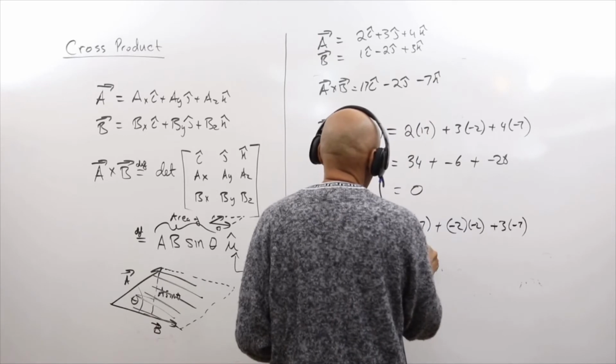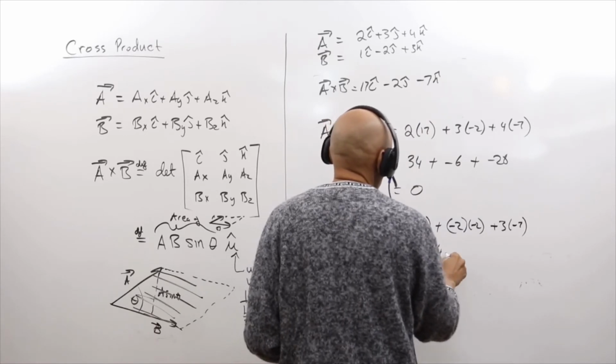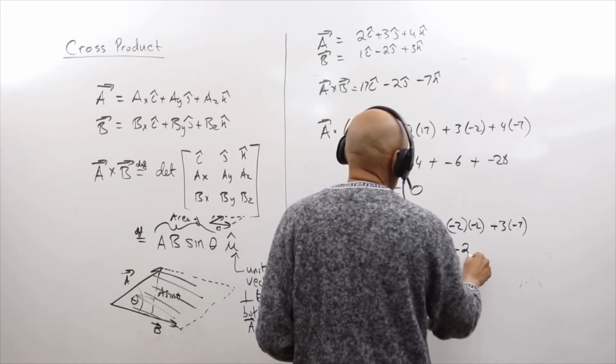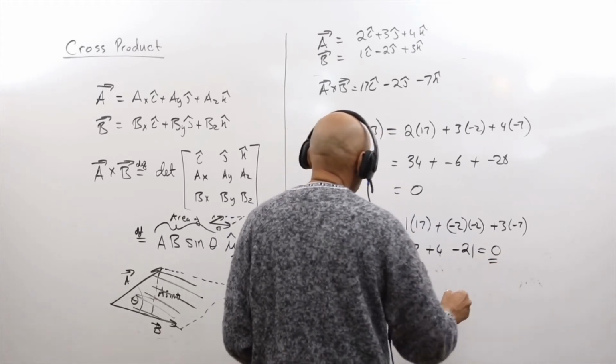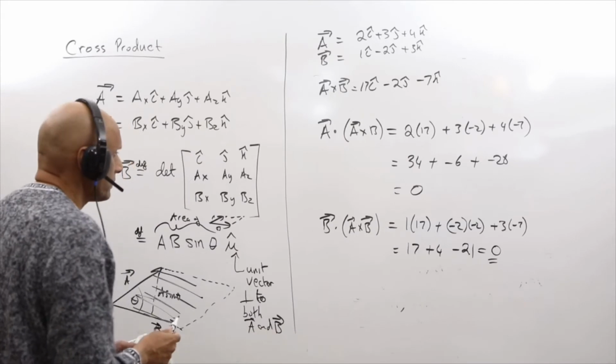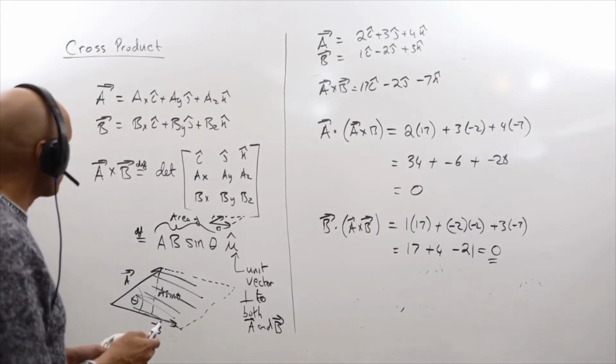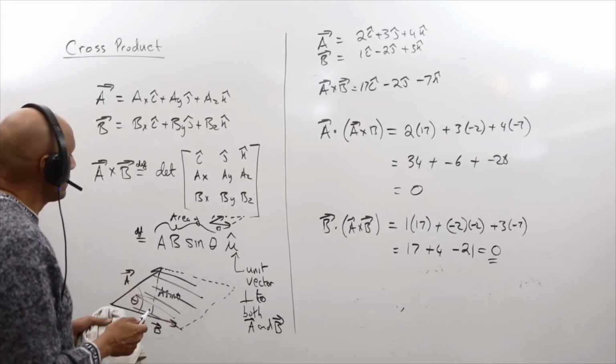So this is 17 plus 4 minus 21, and that is equal to 0. So B is perpendicular to A cross B. This is just to confirm how we calculate A cross B.